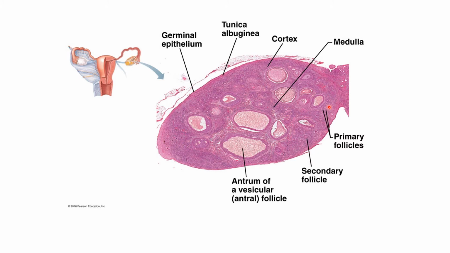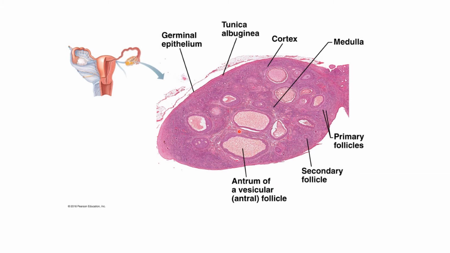And then that primordial follicle is going to start to grow, and those follicle cells surrounding the oocytes are going to grow. And so we start calling them primary follicles, and then that primary follicle is going to grow and it's going to give you the secondary follicle, etc. And so then you get this mature follicle right here known as the vesicular or antral follicle.